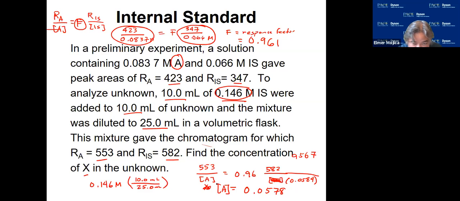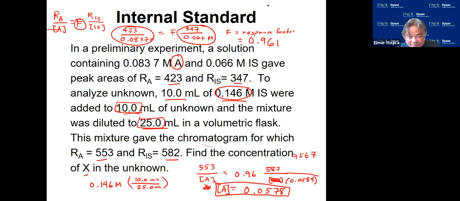Now the question is, how are we going to get the exact concentration? So if we look at this, that's 0.057. What we're going to do with it is look at the contribution of A. So 25 and 10 ml.